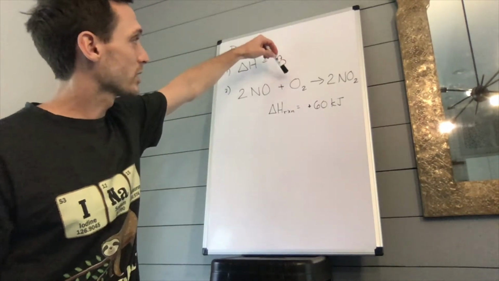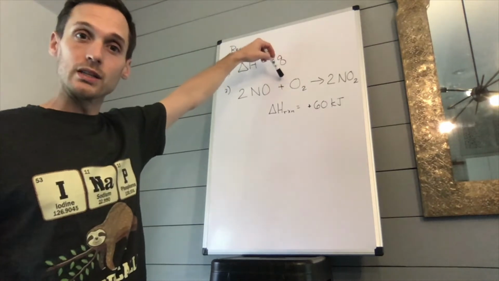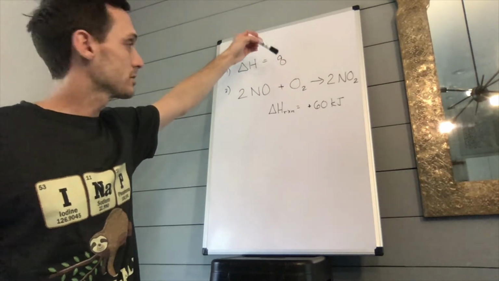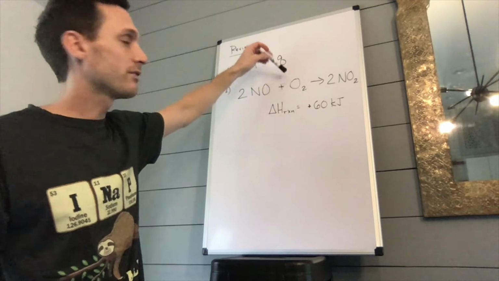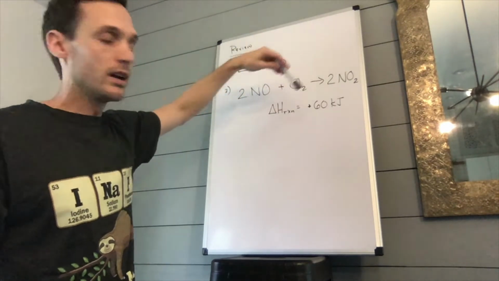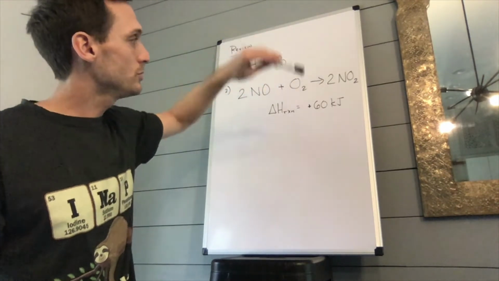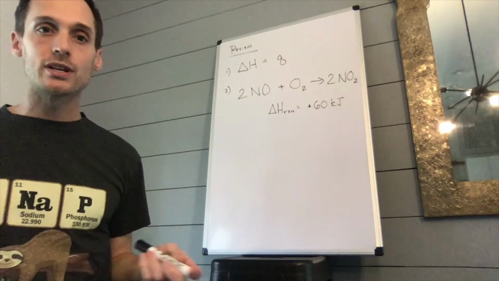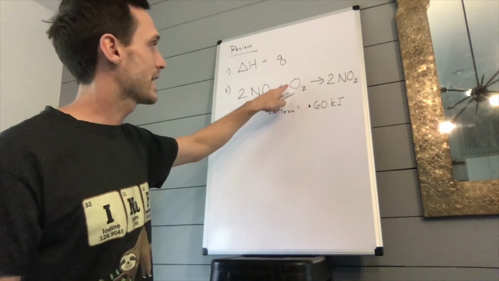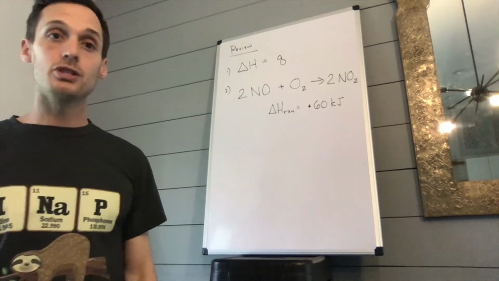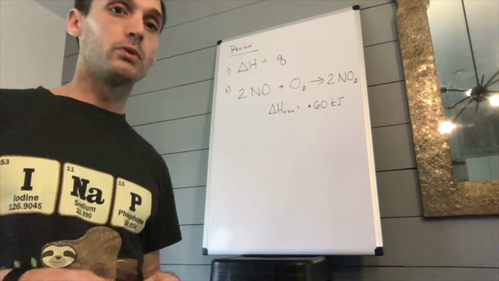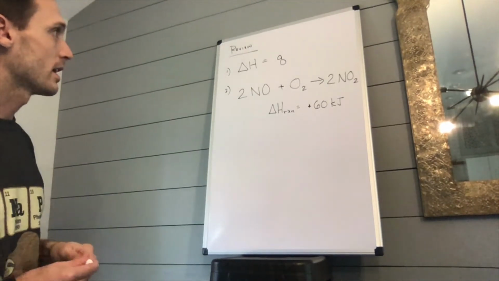This is a 1. We're going to make it a 2 because we want 2 moles of oxygen to react. Whatever manipulation you do to your reactant or product, you do the same thing to your change in enthalpy. So since we want to react double the amount of oxygen, you would require double the amount of heat. Okay?